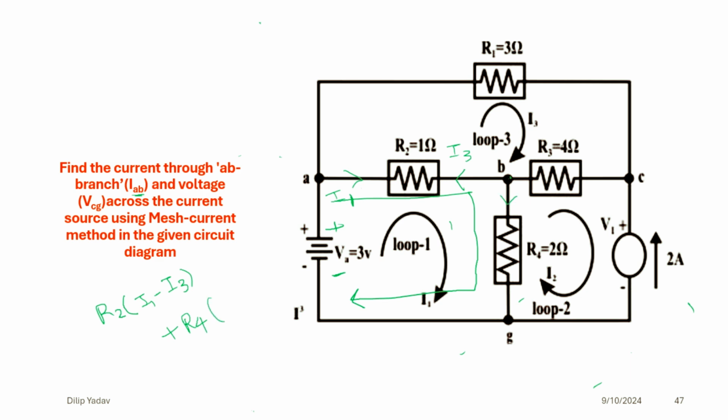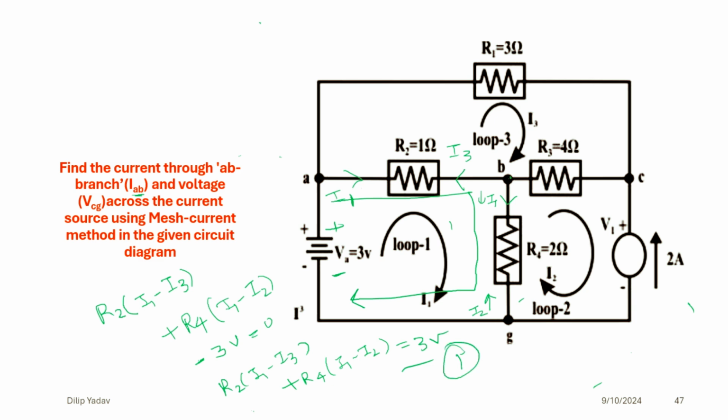The current that is flowing in this was I1, whereas the current coming from this side is I2. So R4 (I1 minus I2), then coming at this point this is equal to minus 3 volt. So the first equation that we have obtained is R2 (I1 minus I3) plus R4 (I1 minus I2) is equal to 3 volt. This is the first equation we have drawn from this circuit.